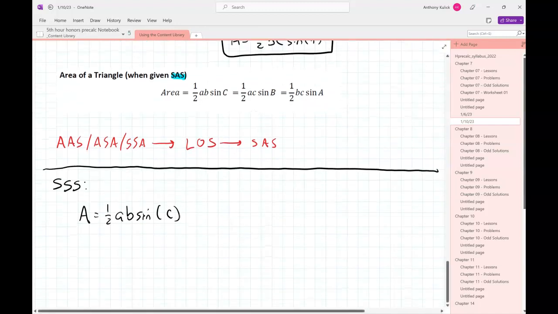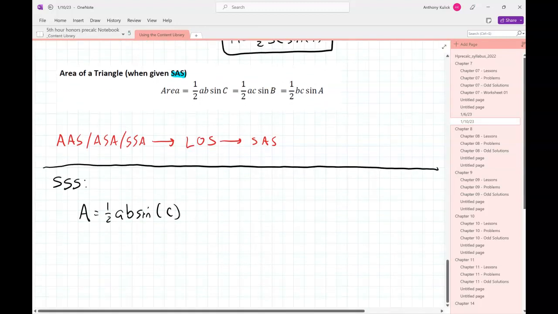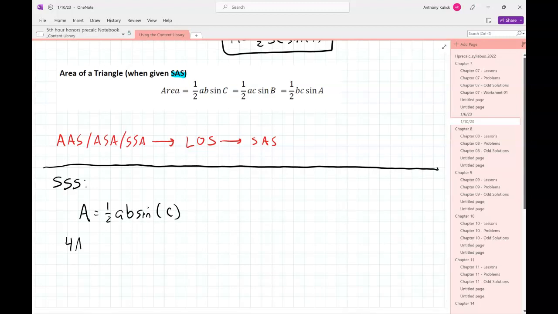Okay. So what I'm going to do first is multiply both sides of my equation by 4. And then I'm going to square both sides.